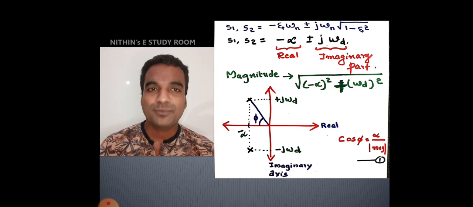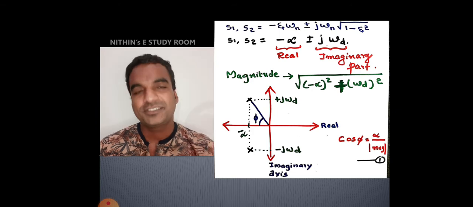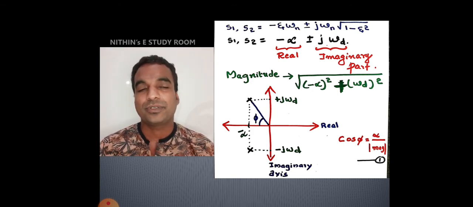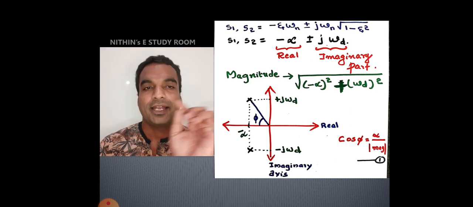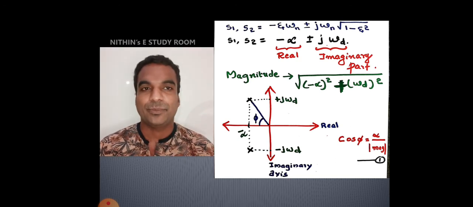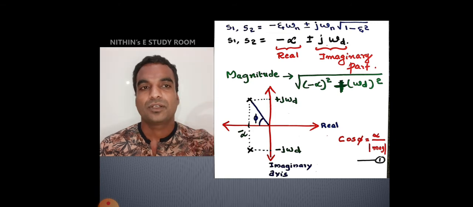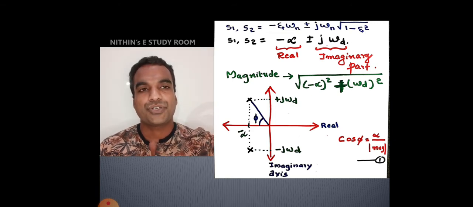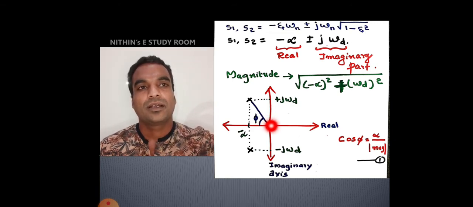Okay. Now you are having S1 and S2, and both these roots have a real part and an imaginary part. And one more interesting thing: these two roots are not just two imaginary roots, they are complex conjugates, because minus alpha plus j omega d and minus alpha minus j omega d are conjugates. So the real part is minus alpha.